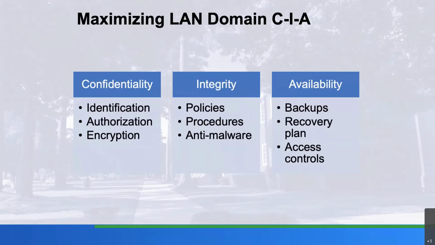Controls that support integrity would be policies and procedures. We talked about that a lot in the user domain. So we have policies and procedures about who can modify the information.